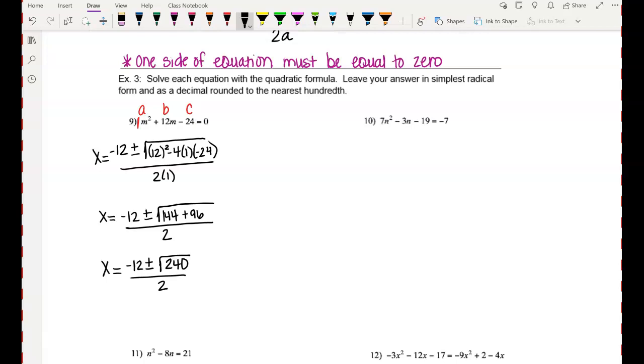So if you need to simplify 240, I have the 1 times 240, 2 times 120, 3 goes in there, 3 times 80, 4 times 60, 5 times 48, 6 times 40.